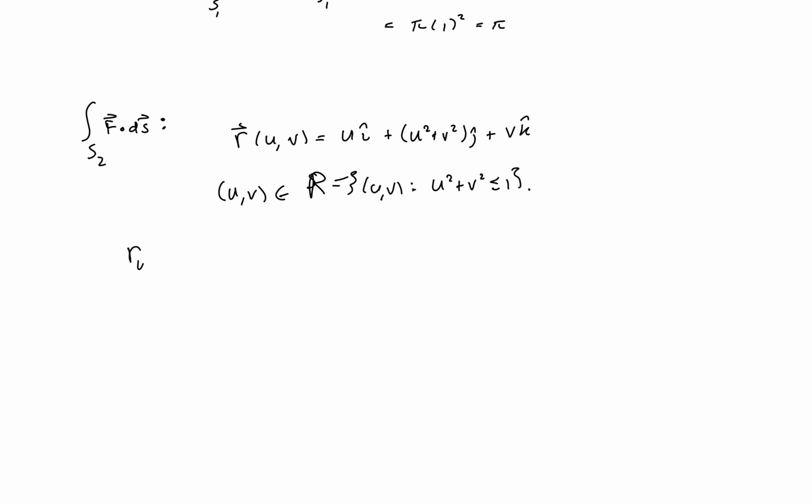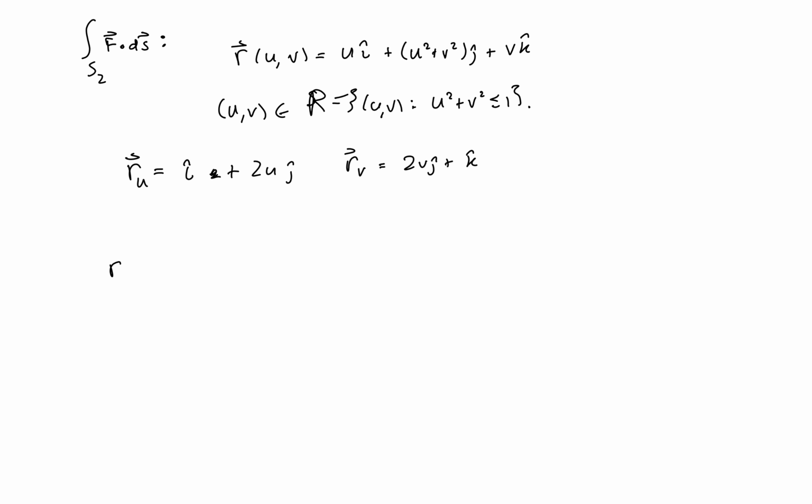And so now we can take our partial derivatives. So this is going to be i plus 2u j, and this is going to be 2v j plus k. And so now we need to take the cross product of these vectors.